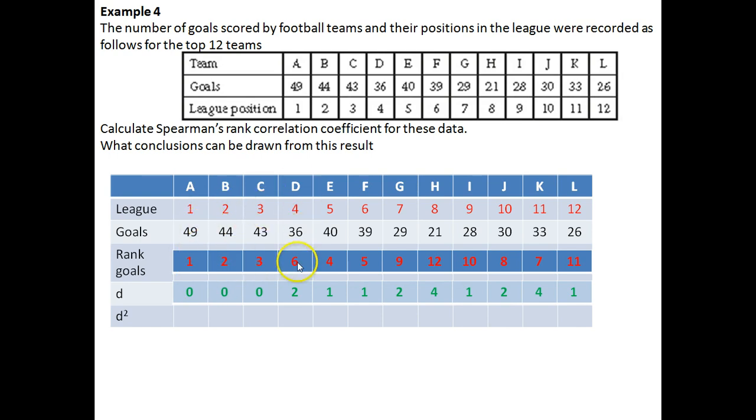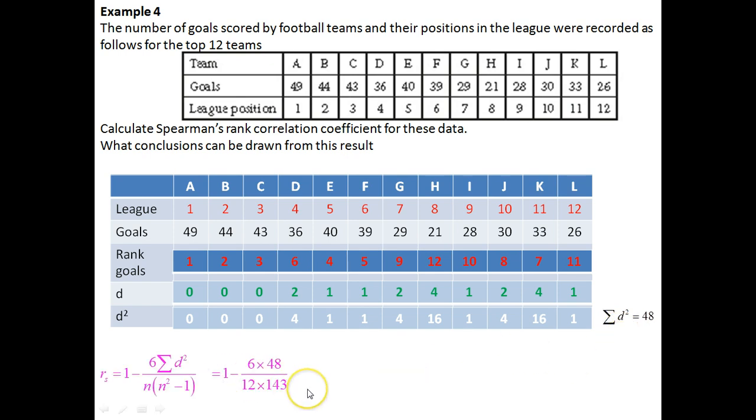So we have 0, 2, 1, 1, 2, 4, 1, 2, 4 and 1. Squaring those and adding them up, we get 48 for the sum of the differences squared.